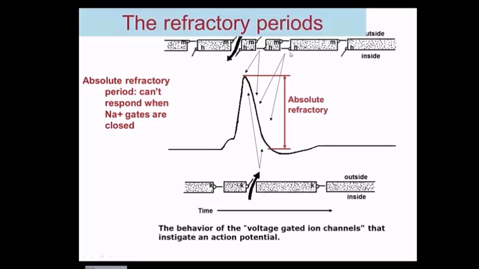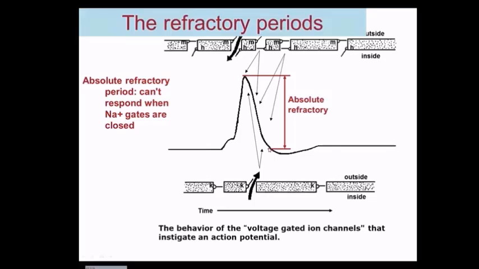And as a result, we can't fire an action potential on top of an action potential because the H gate's closed. And the H gate does not respond to threshold stimulus and won't open. It's not going to open until we get to baseline. That's the stimulus to open it. And when the H gate opens, then we can fire another action potential.